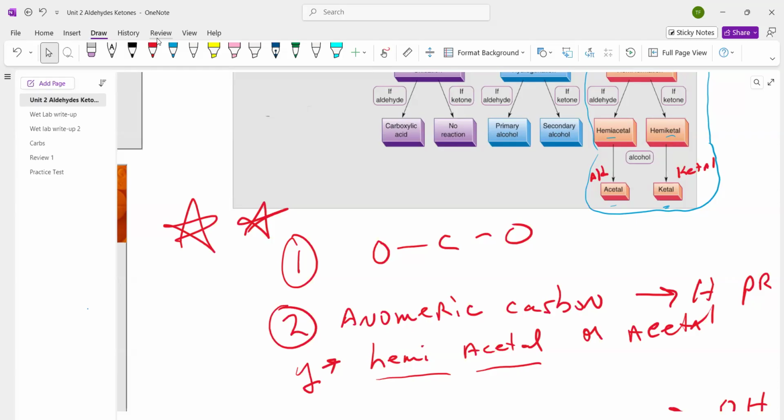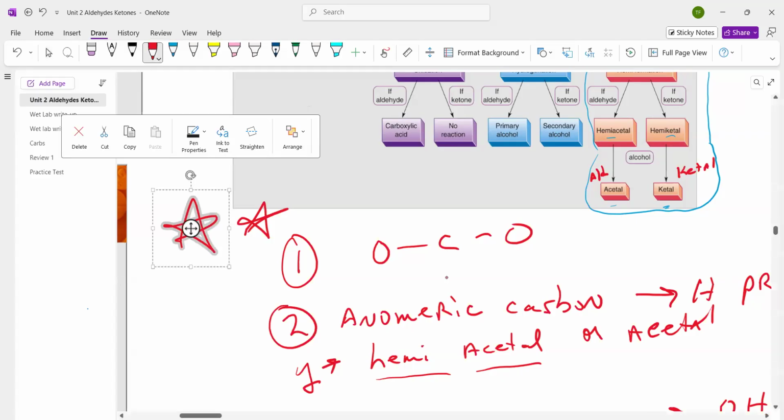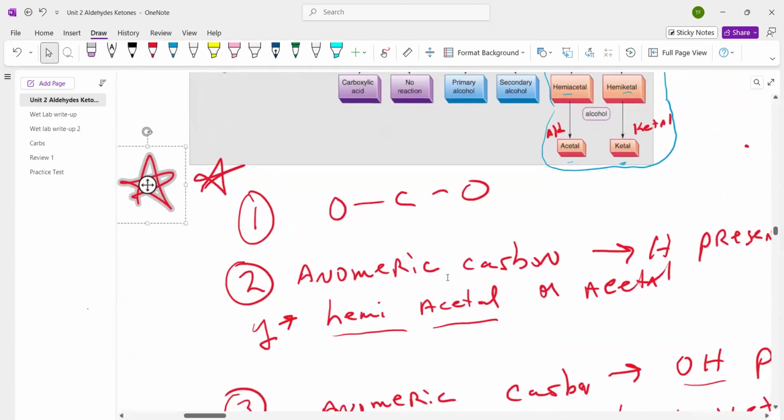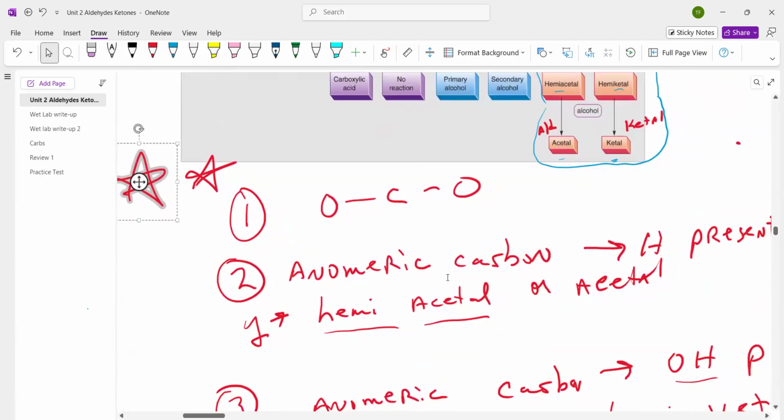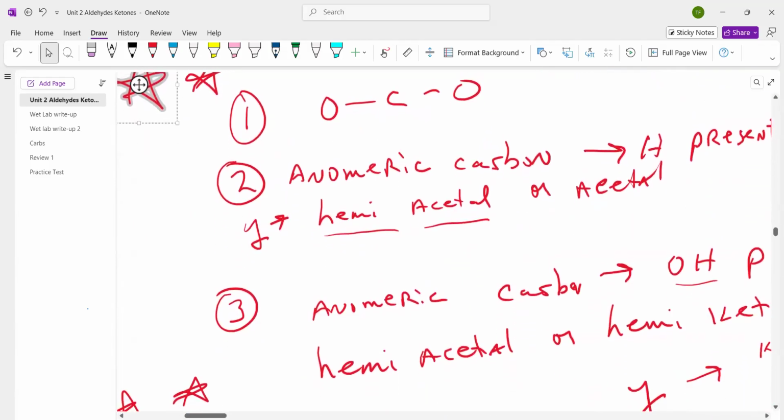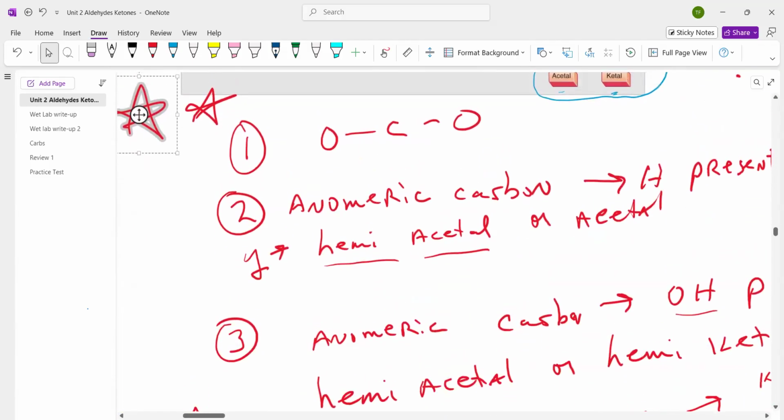If we have OCO, then we have one of these acetals, ketals, hemiacetals, or hemiketals. But these are the three steps I've invented, this flow chart, to determine what you have.